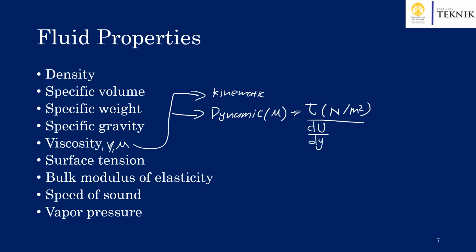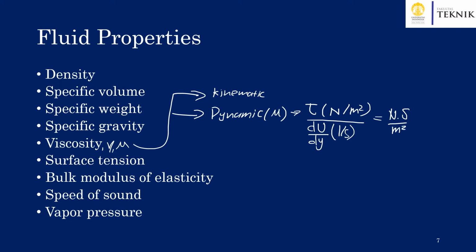This is the velocity gradient of the fluid, and it has units of 1 per second. Therefore, the dynamic viscosity has units of Newton seconds per square meter.